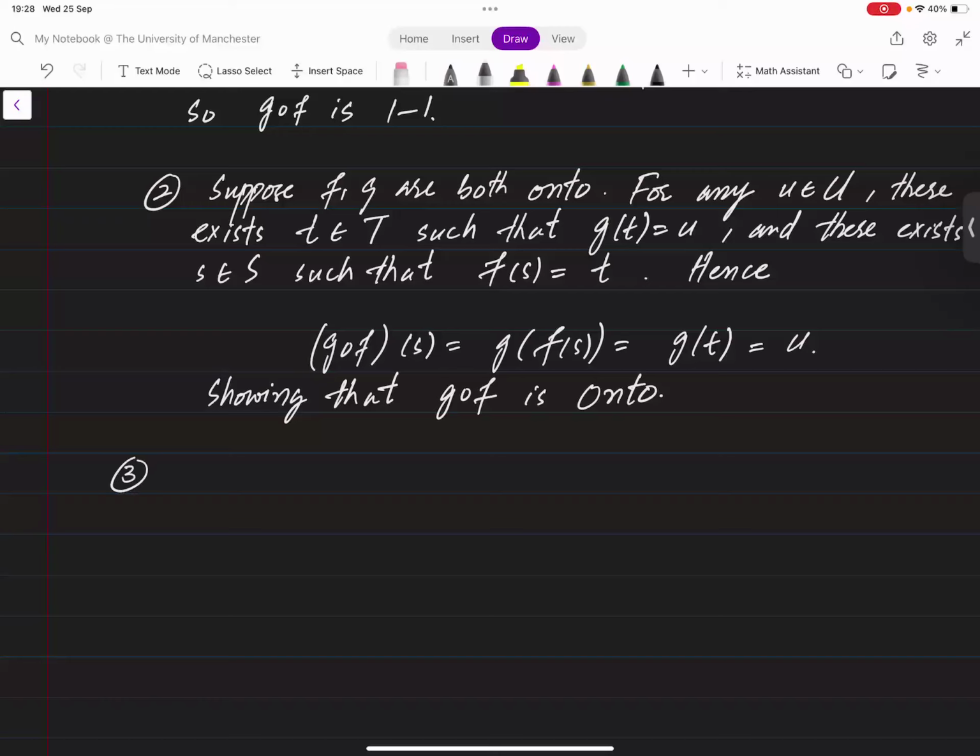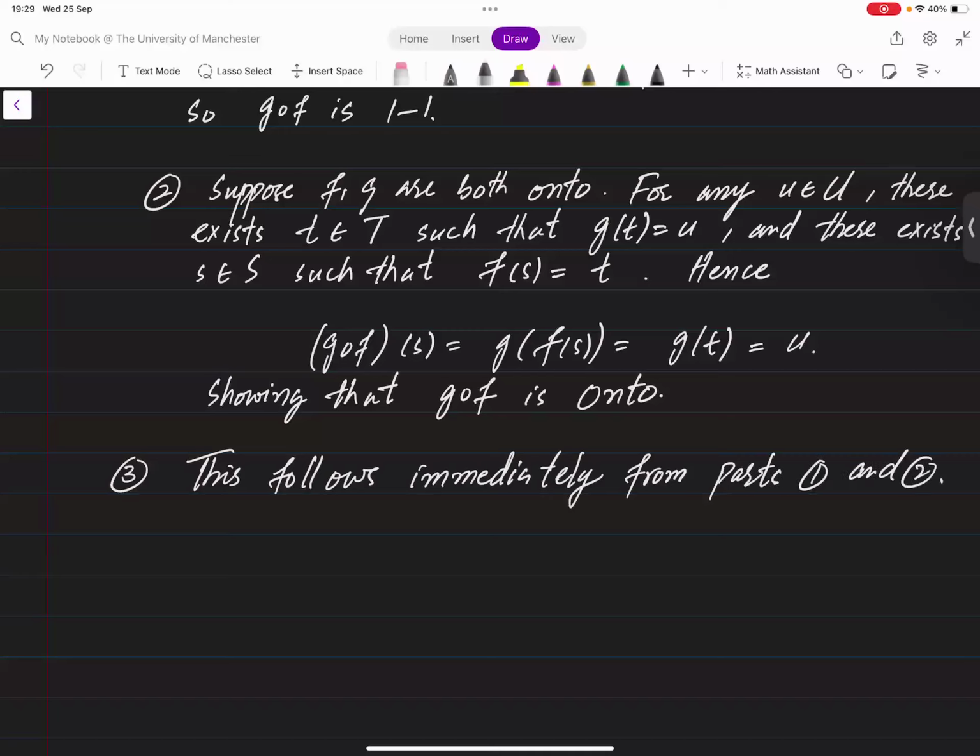Number 3 follows immediately from parts 1 and 2, and we have proven the proposition.